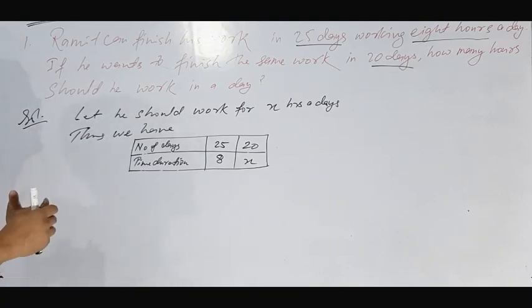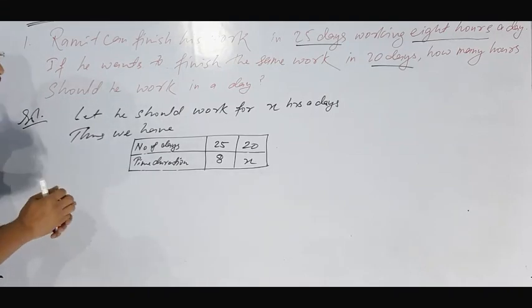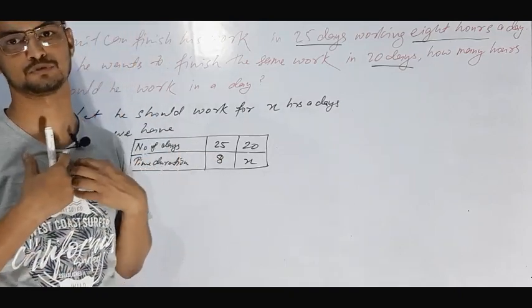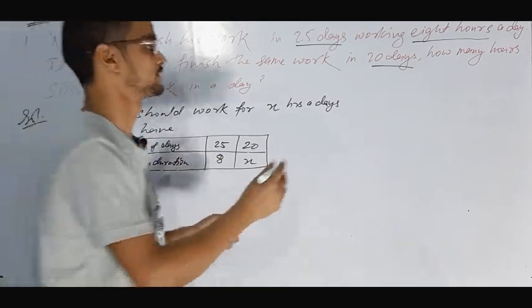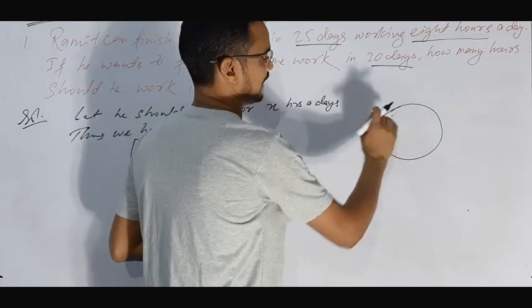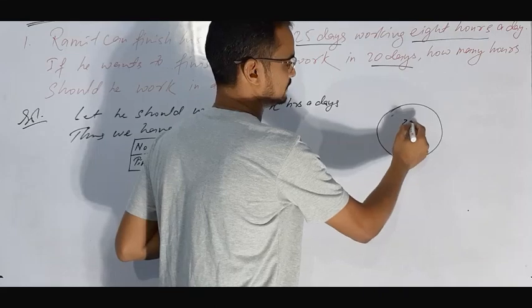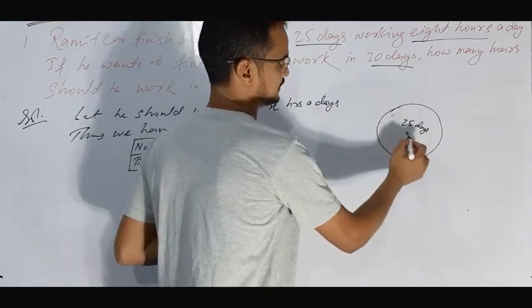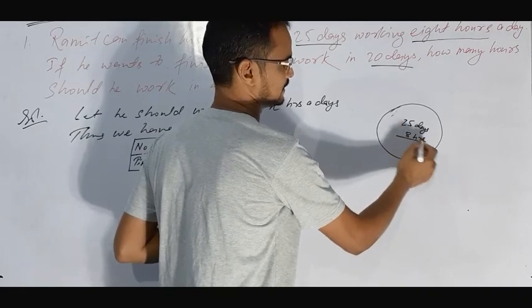Firstly, we will observe some important points here. Suppose I have to do a work, suppose I have to plough this field. I am taking 25 days, working 8 hours a day.